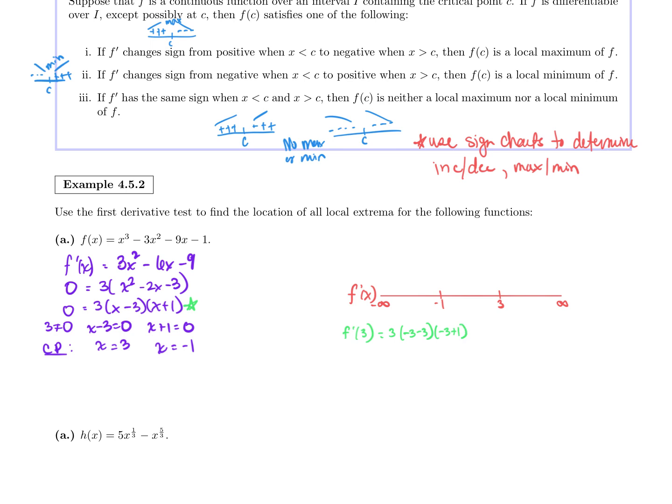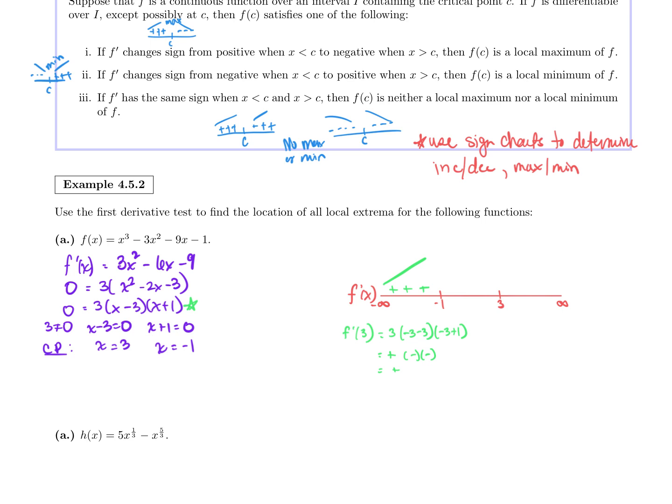Or the way I like to think of this is a positive times a negative, and then negative 3 plus 1 is also a negative. So I have positive, negative, negative, which is going to be a positive. So in that interval from negative infinity to negative 1, our derivative is positive, which means our function is increasing.